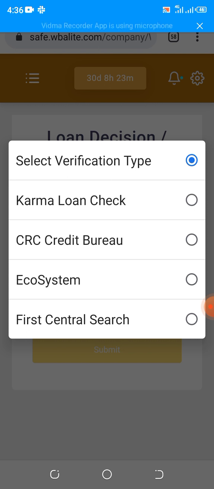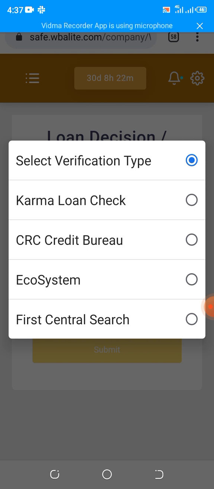We have CRC, which is the credit bureau. We have Ecosystem. We have First Central. Then we have two more that are coming, which are Blacklist and Remita. You do not need to pay integration or setup fees to these institutions, which is why we have brought them all to your doorstep.